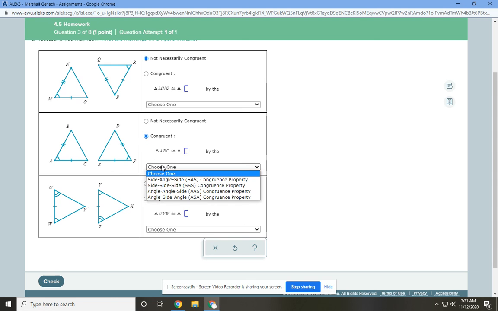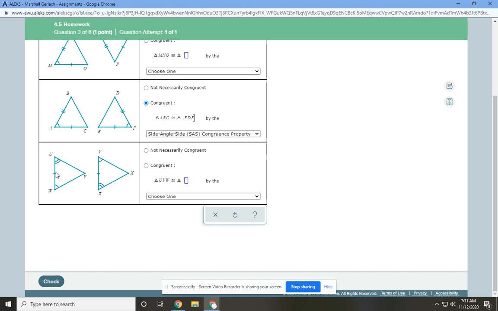We can say that it's because there's a side and an angle between them. And when we identify it, we're going to go angle A, so 1, and then we're going to slide over to 2, and then 3. So we're going to start with our 1, which is F, slide over to 2, and then end with 3.